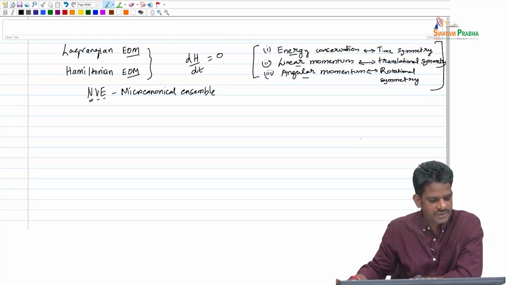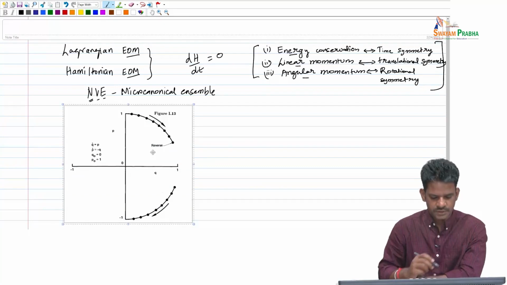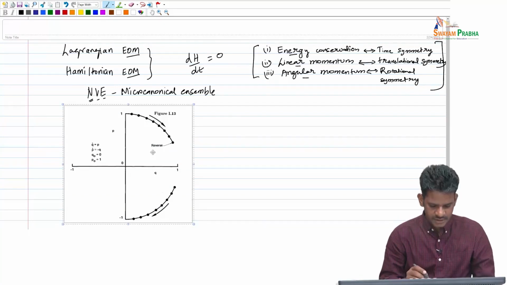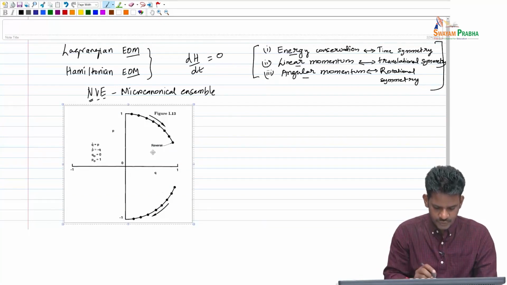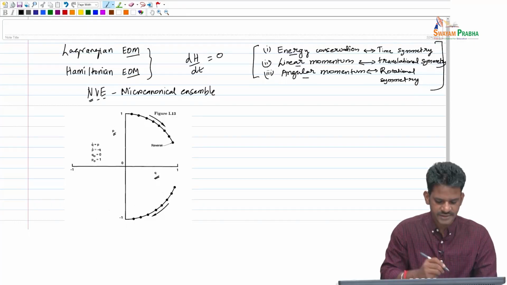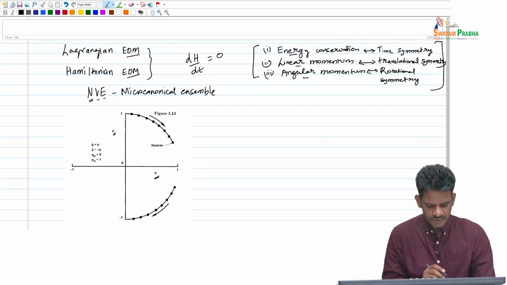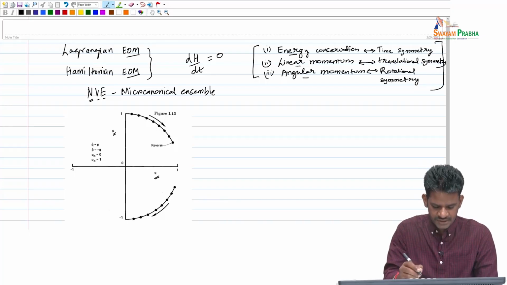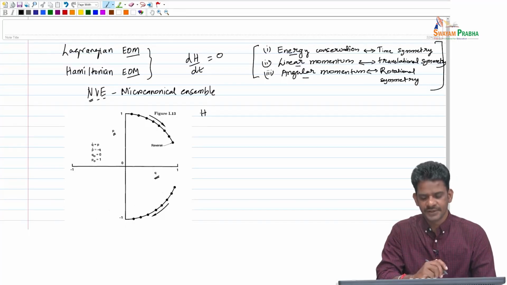Now let us talk about this time symmetry I was talking about. What you see in this picture is a two-dimensional space. We have the position q on the x axis and the momentum on the y axis, and in particular we are talking about a system which could be something like a simple harmonic oscillator.